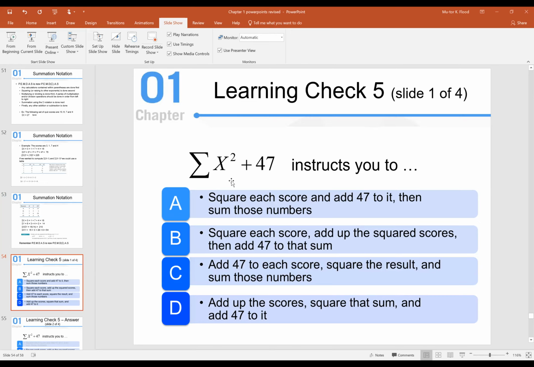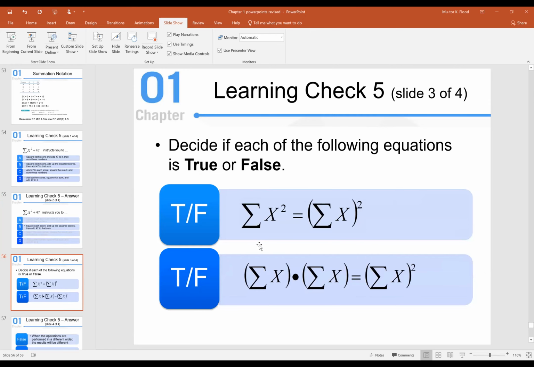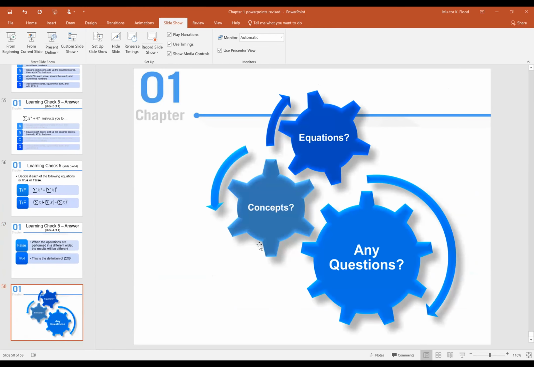Then all we're left with is adding 47 to this value. So this would be B: we're going to square each score, add up the squared scores, then add 47 to that sum. And we won't go over that last one.